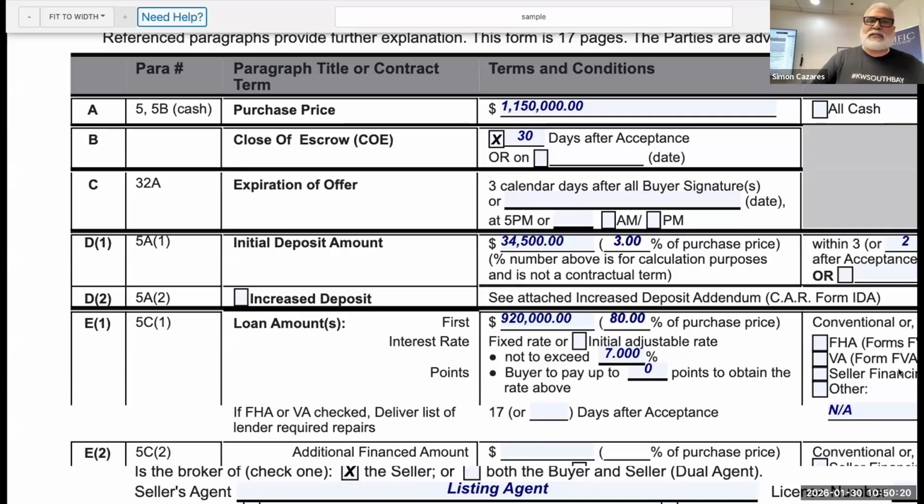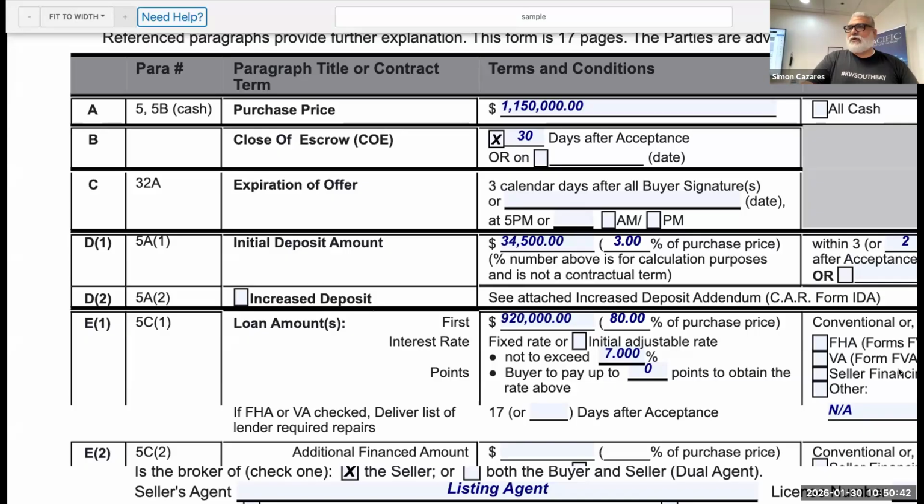Okay. Section B talks about the close of escrow, better known as the COE. Typical close of escrow is 30 days. Now, who is the best person to get that information? Escrow? The buyer's agent?